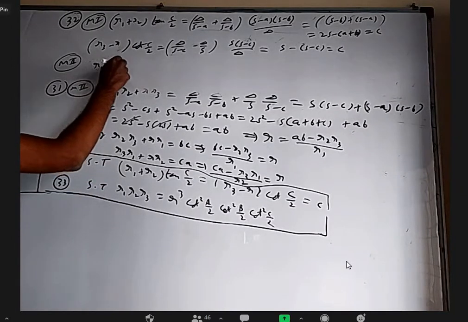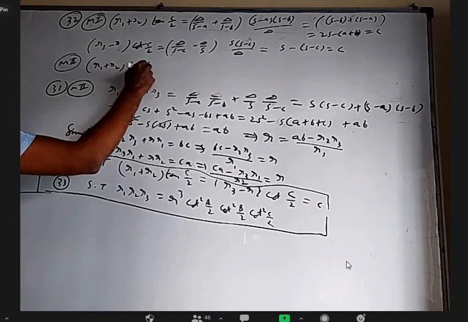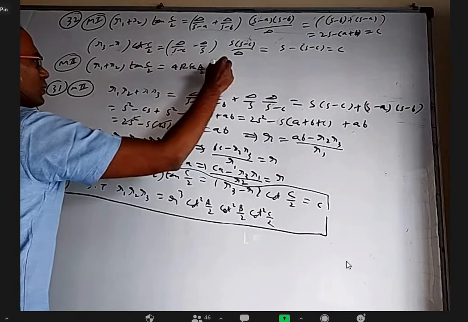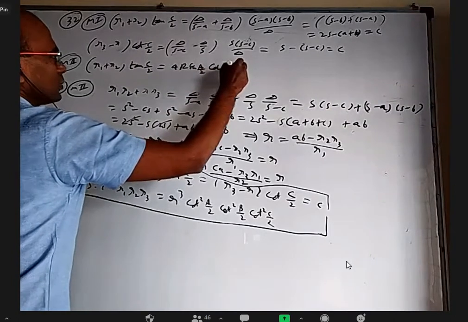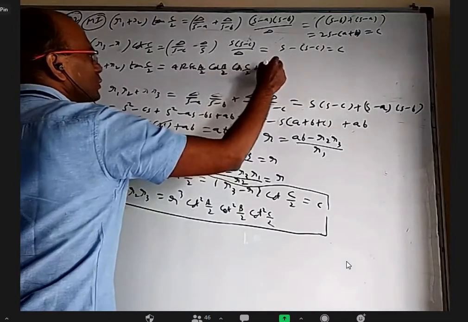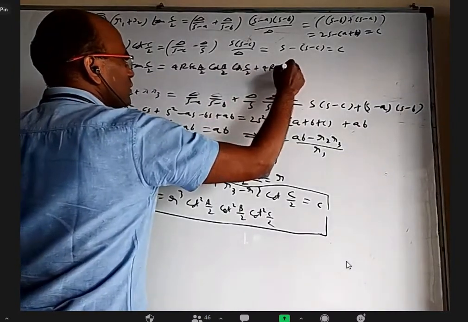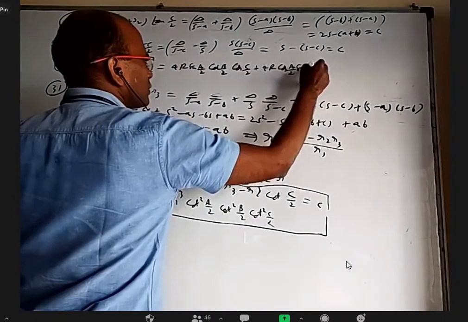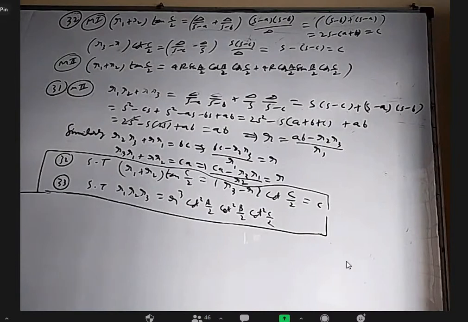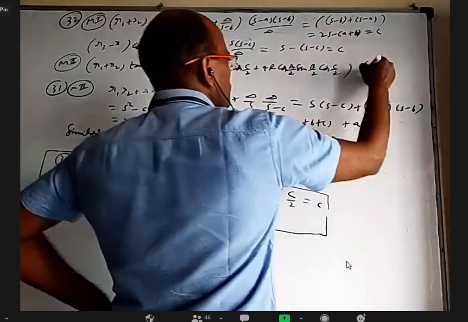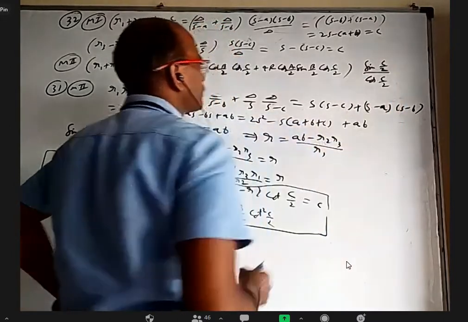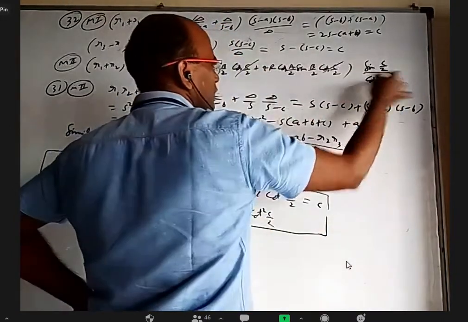Otherwise, if we take R1 plus R2 into tan C by 2, this is 4 capital R sin A by 2, cos B by 2, and cos C by 2. This is 4 capital R cos A by 2, sin B by 2, cos C by 2. Tan C by 2 is sin C by 2 by cos C by 2. This cos C by 2 can be taken common and cancelled.